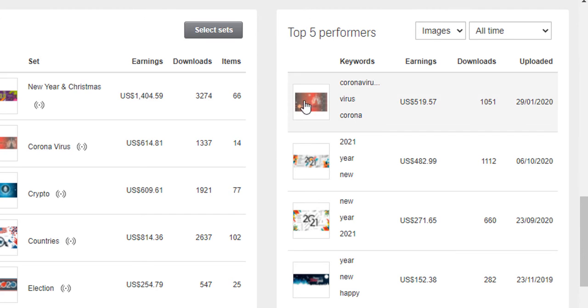Okay, so the same thing happened with the coronavirus design. This is my best performer so far. Now if you remember, the peak of coronavirus, the first wave when everybody was talking about it, was in March 2020, and before that it was just restricted to China or maybe a few other countries.